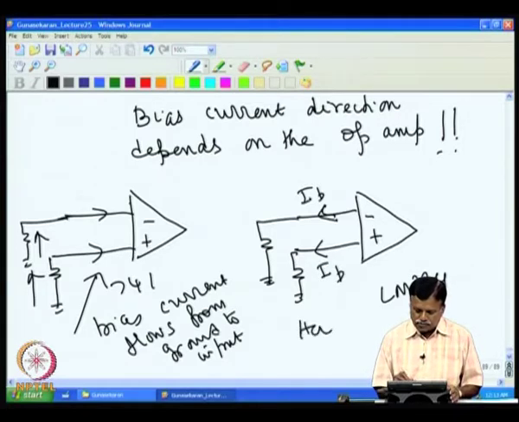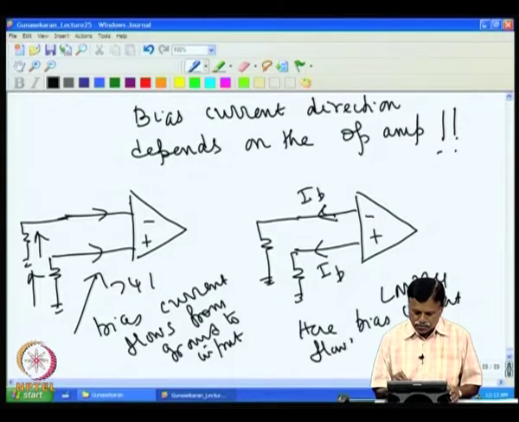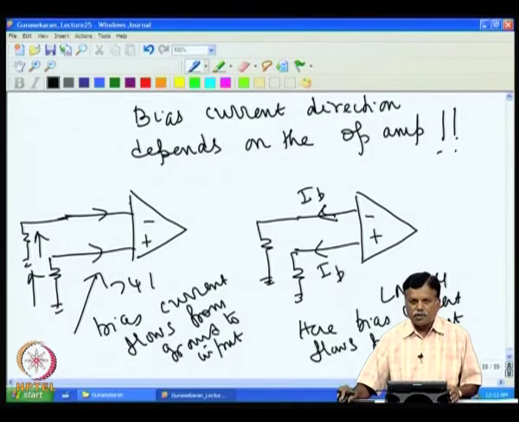Here, the bias current I B flows from input to ground.